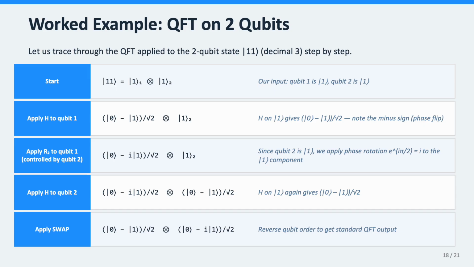The final result is the product state where each qubit is in a specific superposition with phases that together exactly encode the frequency content of the number 3. Consistent with the QFT formula, which predicts analytically, 3 gates and 1 swap is all it takes.